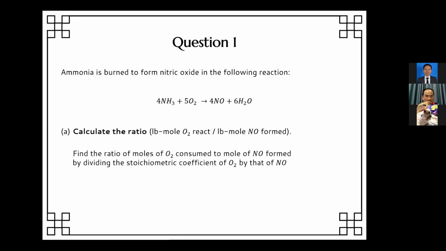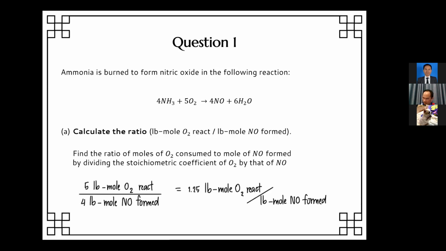We need to find this ratio by dividing the stoichiometric coefficient of oxygen by that of nitric oxide. So it's 5 moles of oxygen reacted over 4 moles of nitric oxide formed, and the answer is 1.25 moles of oxygen reacted per mole of nitric oxide formed.